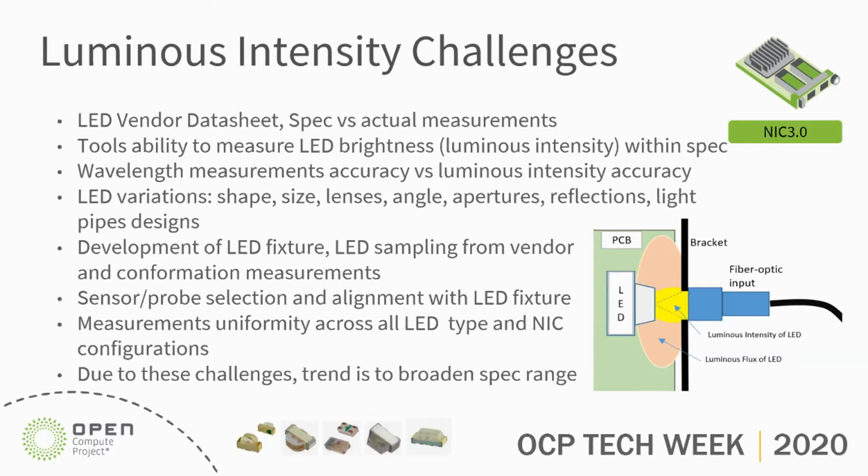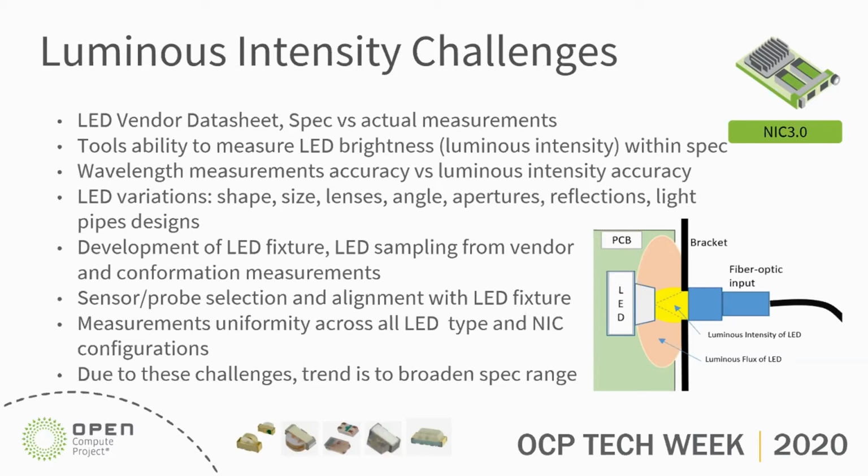That led to further analysis of LED shapes, sizes, lenses, angles, apertures, reflections from the faceplates, and light pipe properties and their design. As you can see on the picture, the LED has additional properties such as luminous flux and luminous intensity.